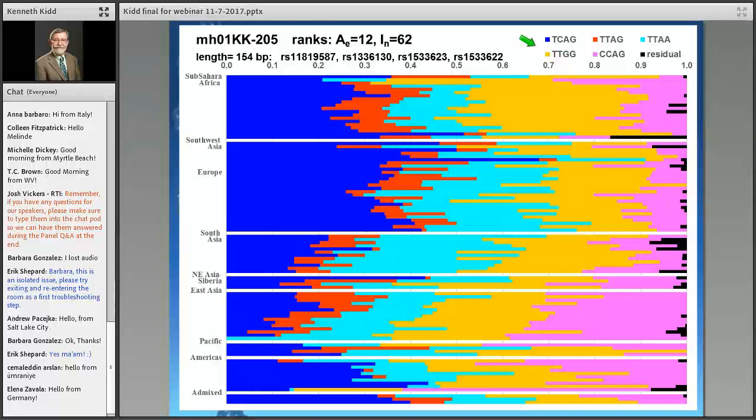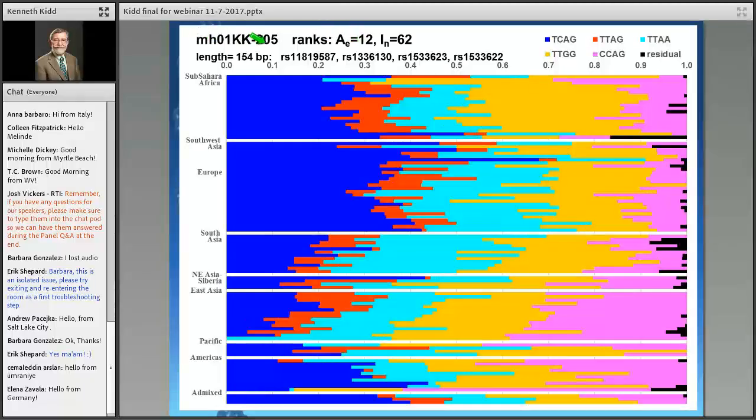And out of those 4 SNPs, we identify 5 clear haplotypes and some that were not able to come up with a reasonable frequency that we've lumped as residual here.